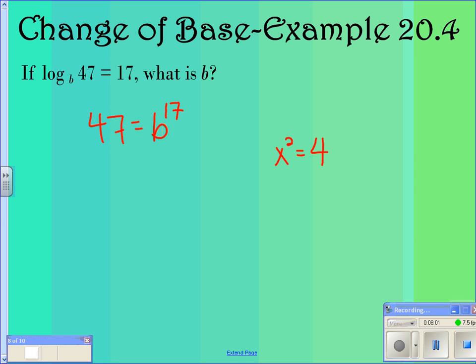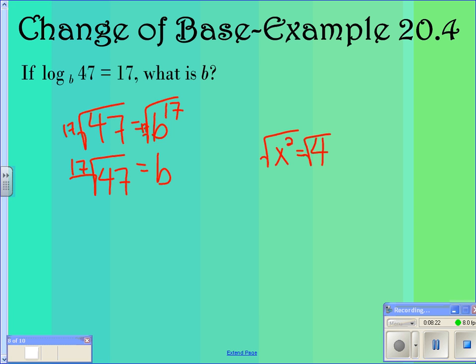X squared equals 4. How would you solve for x? The 17th root of b to the 17th is what? And then we're doing take the 17th root of 47.